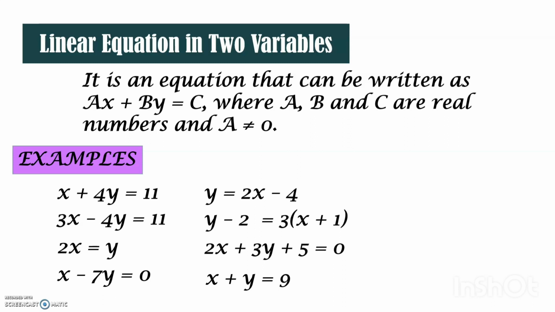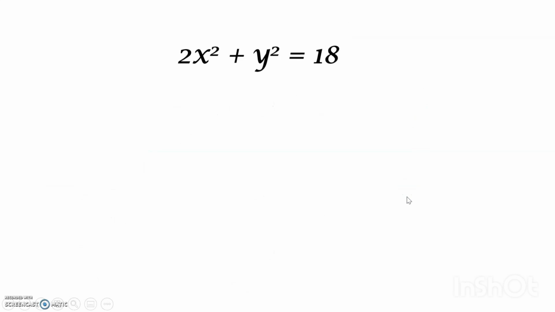Say for example, we have here 2x squared plus y squared is equal to 18. That is not a linear equation. The same is true with square root of x minus 1 is equal to 4. That is also not a linear equation.